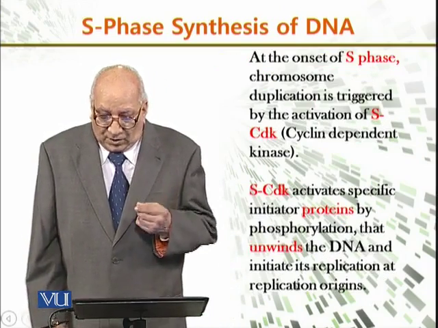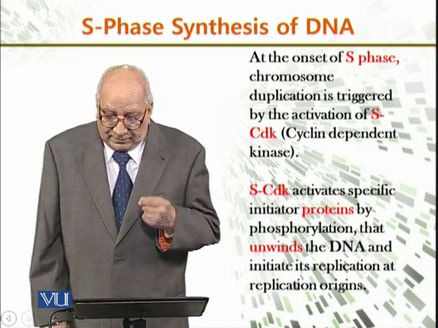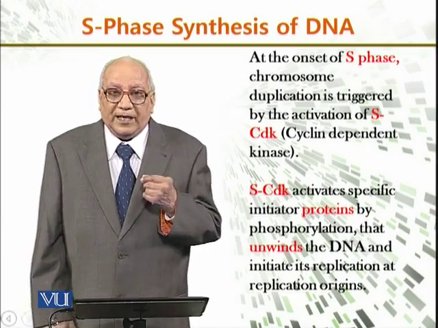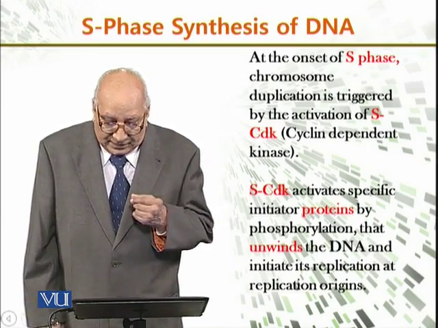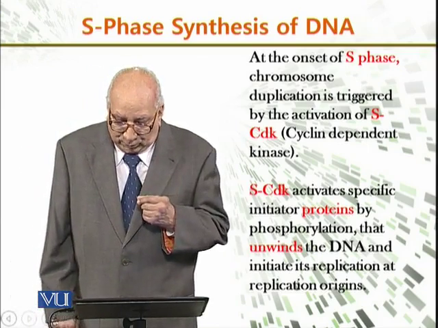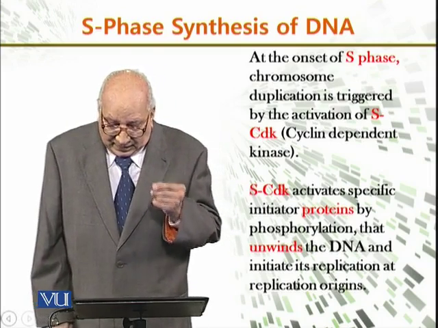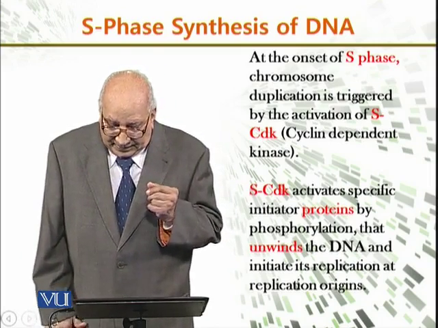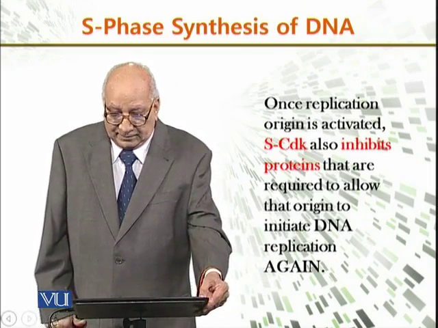Although, at the onset of S phase, chromosome duplication is triggered by the activation of S-CDK, that is the cyclin-dependent kinase. S-CDK activates specific initiator proteins by phosphorylation that unwind the DNA and initiate its replication at the replication origin.